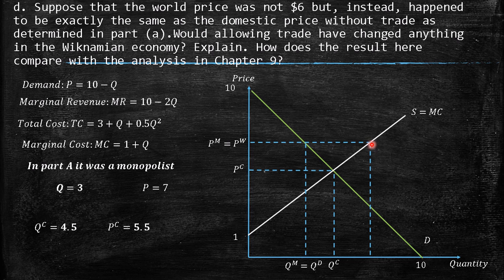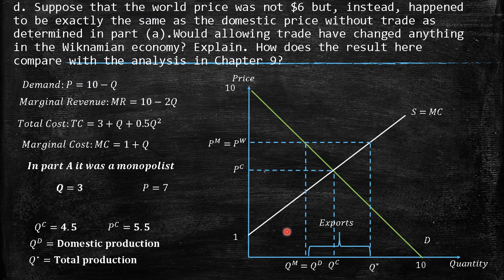So there is a gap, a difference. This should be the total production of the economy. So this difference that is not consumed inside the country should go outside. So this difference should be the exports.